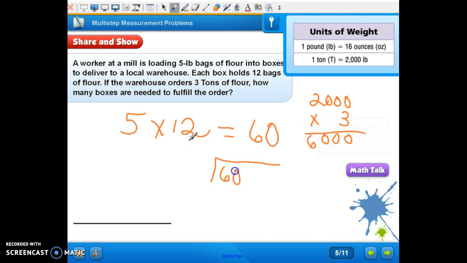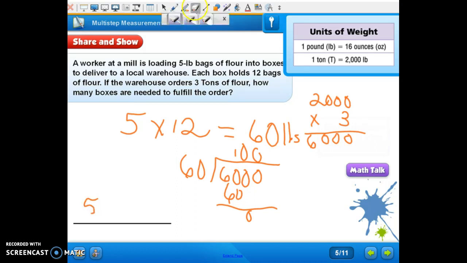So we've got to divide that 6,000 pounds by 60. Goes in there 100 times. So they would have to have 100 boxes to make their 3 tons.